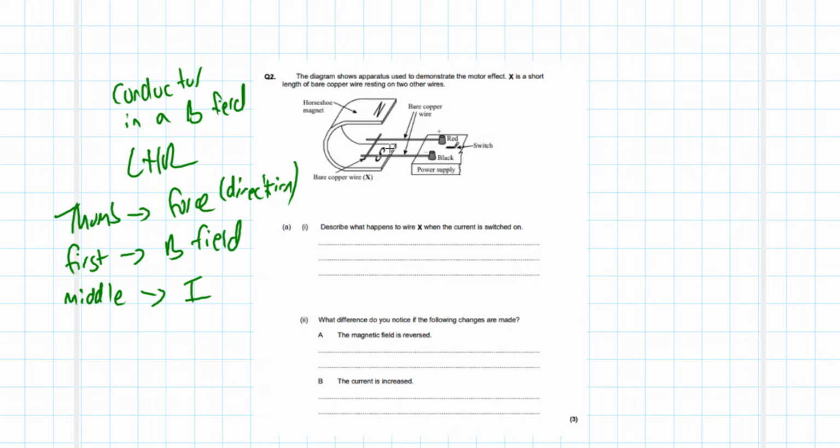In this situation, which way is the magnetic field acting? The magnetic field is going from north to south, so you're going to put your index finger going down.